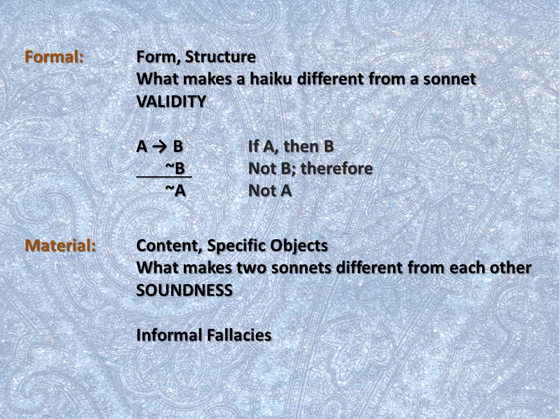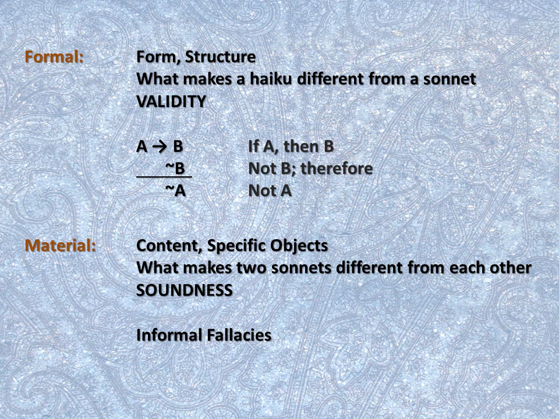So formal here refers to form or structure, and there is knowledge, Kant is saying, that is strictly formal, knowledge of form. And so if, for example, and the example that I'm going to choose just comes from poetry, if you know what makes a haiku different from a sonnet, that's not to say you know specific haikus or you know specific sonnets. What makes the two of them different are formal rules.